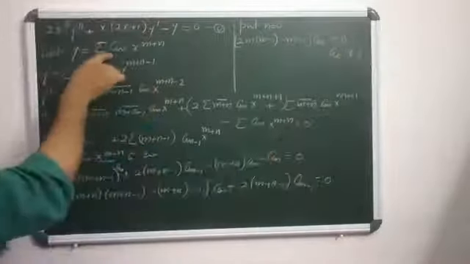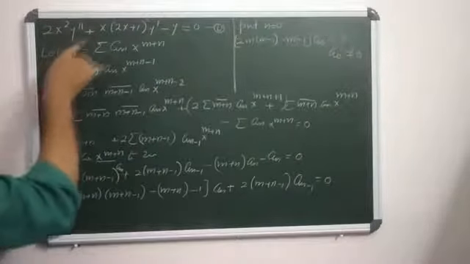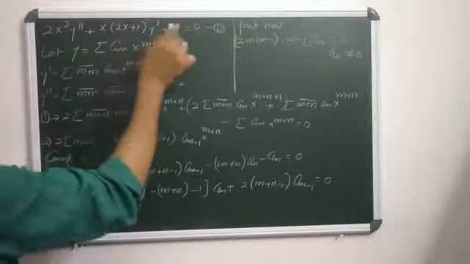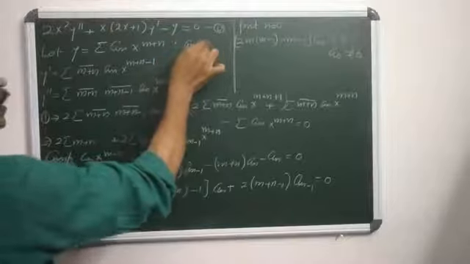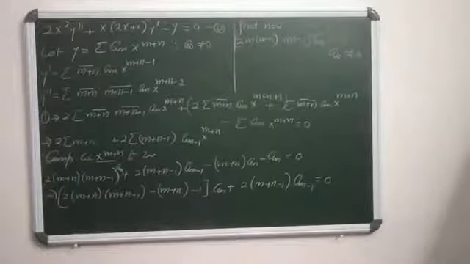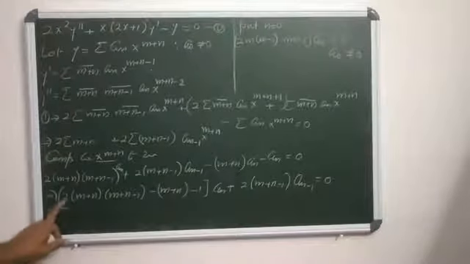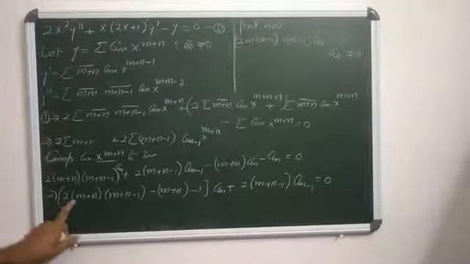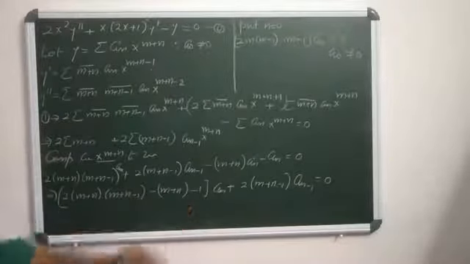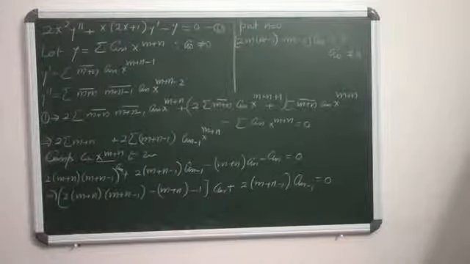Let me assume y equals sigma a n x power m plus n be the solution of the given differential equation with a naught differs from 0. So 2 into m into m minus 1 minus m minus 1 into a naught equals 0. Here a naught strictly differs from 0.